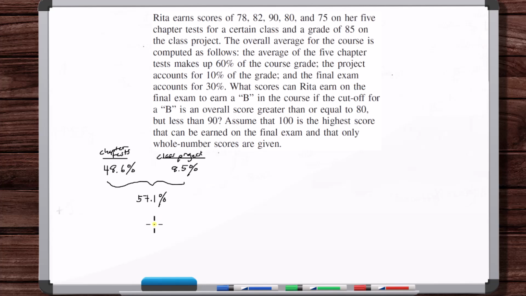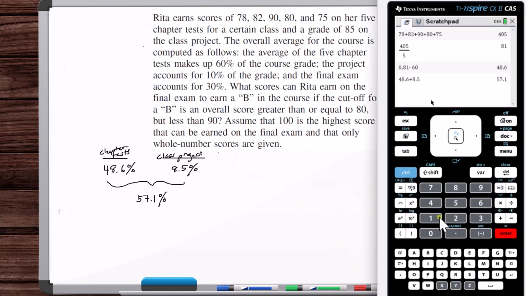So if you add 57.1 plus 30, if she got 100 on her final exam, then she would have a 97.1% average in the class, because she would get all of that 30% from the final exam. But if she wants to get to 80, so 80 minus 57.1, she needs 22.9%, right?